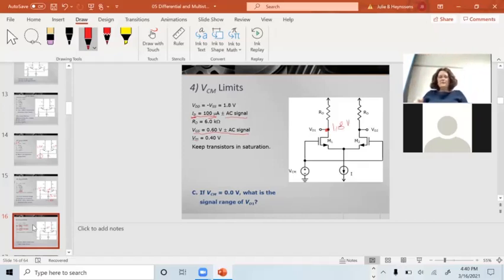So the maximum V out I can have when I have 100 microamps plus some AC signal is 1.8 volts. And that happens at the negative current peak. 1.8 volts equals VD max.